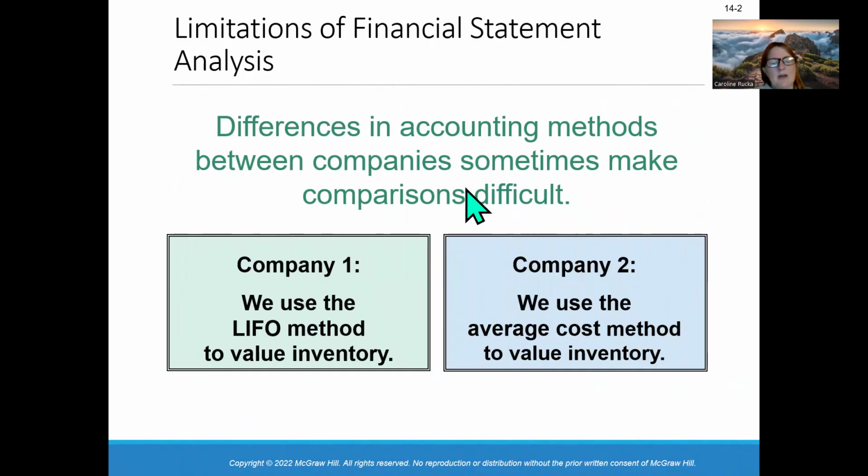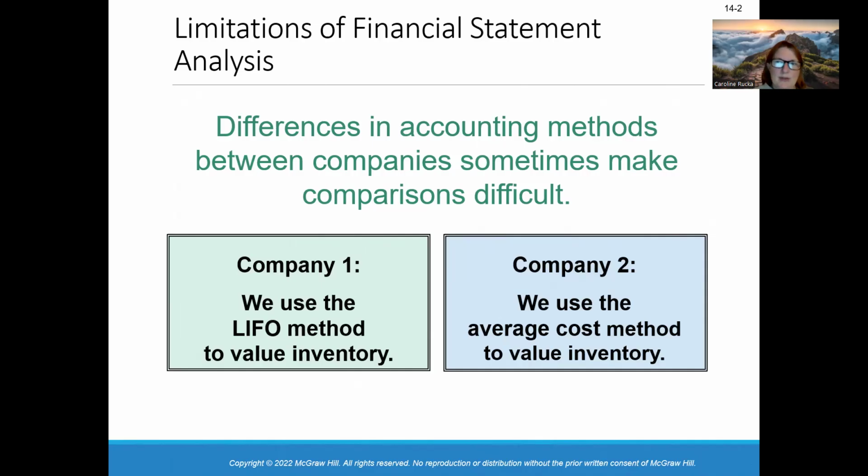Sometimes it's made more difficult to compare companies if they're using different accounting methods. For example, if company one is using LIFO for inventory, that's last in, first out, versus the average costing method.